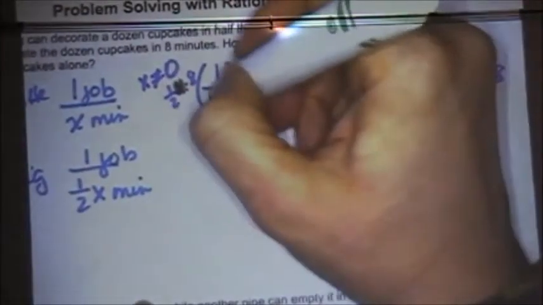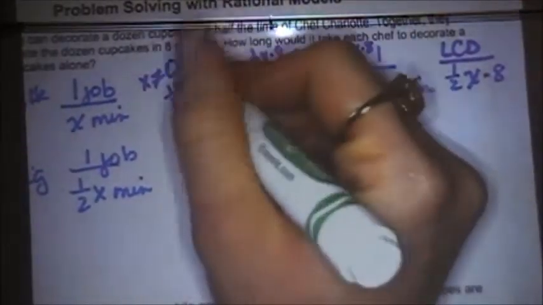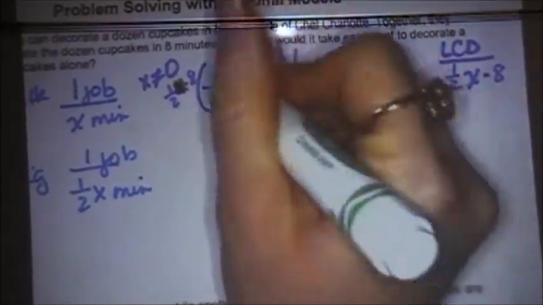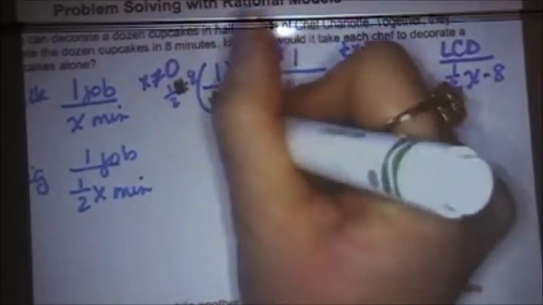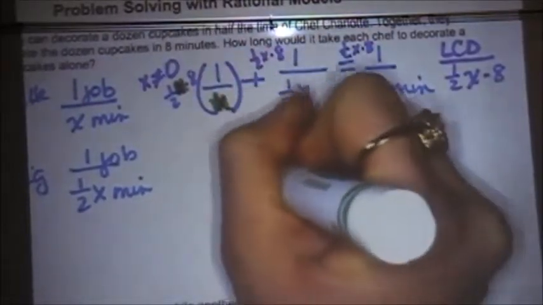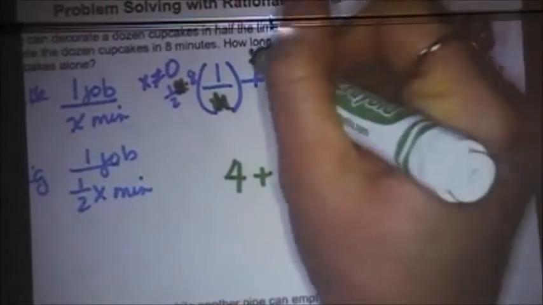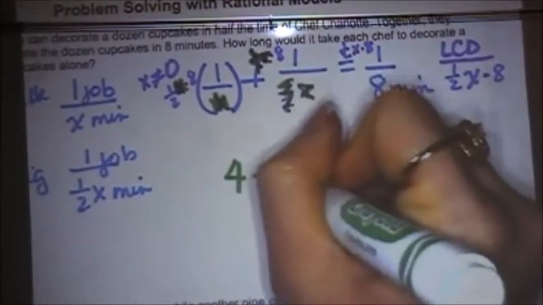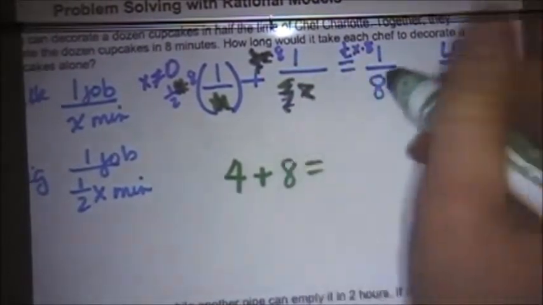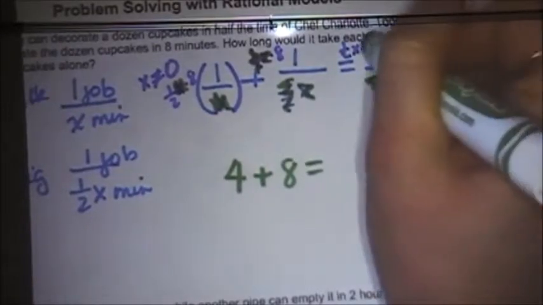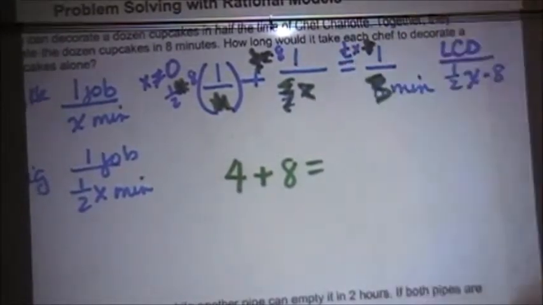So on this first fraction, my x's cancel, and I'm left with 1/2 times 8 times 1. 1/2 times 8 is 4 times 1 is 4. In this case, my halves cancel out and my x's, so I'm left with just plus 8. And in this last fraction, my 8's cancel, and I'm left with just 1/2 x.